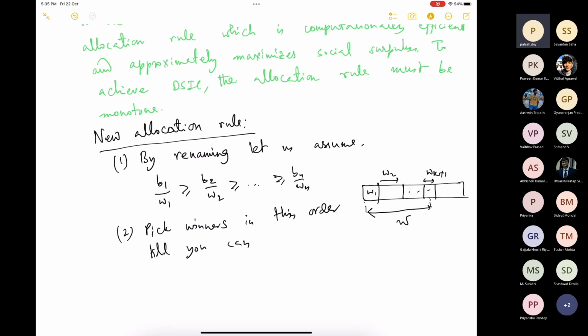That means till you reach the capacity W. Okay.